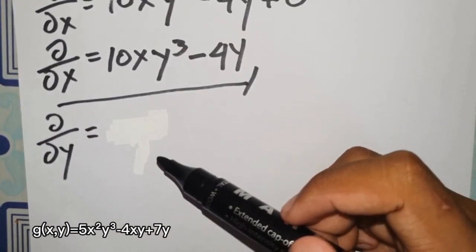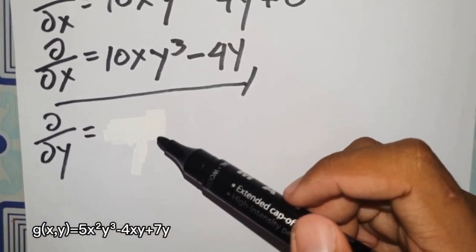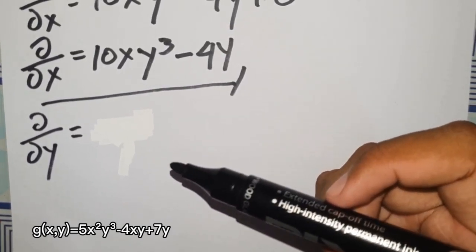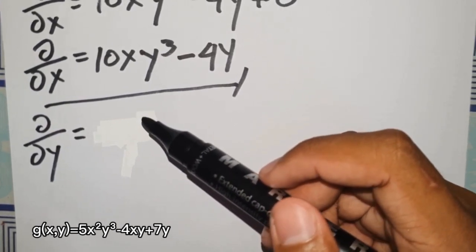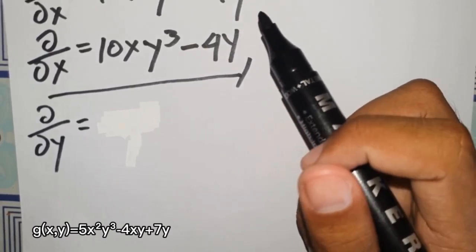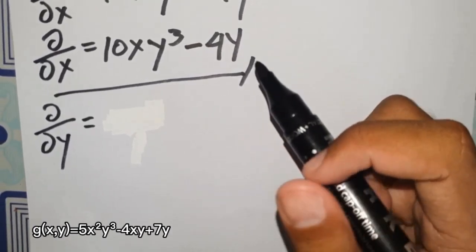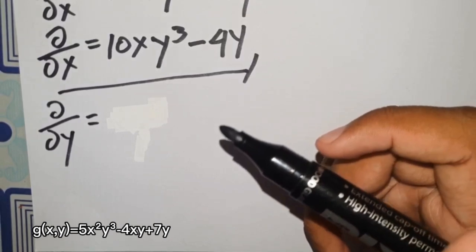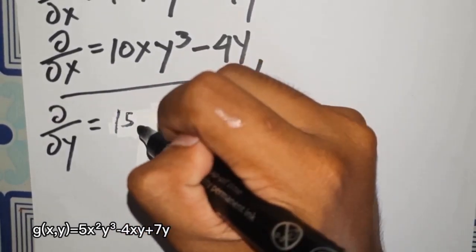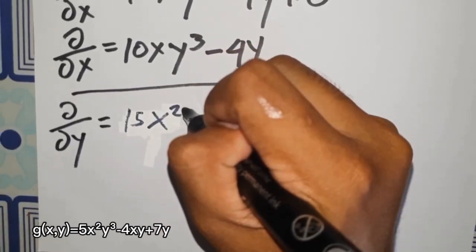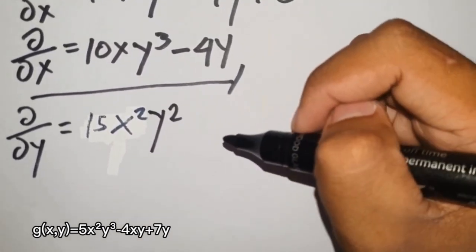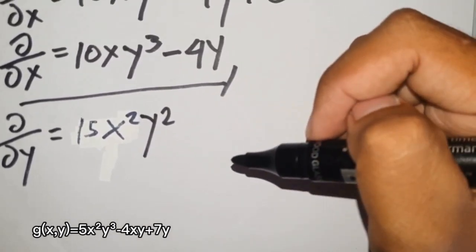Next, to find the partial derivative of g with respect to y, treat x as a constant and differentiate each term with respect to y. Here, x squared is treated as a constant, so we differentiate y cubed with respect to y to get 3y squared. Then multiply by 5x squared, giving 15x squared y squared. Second, the derivative of negative 4xy with respect to y.